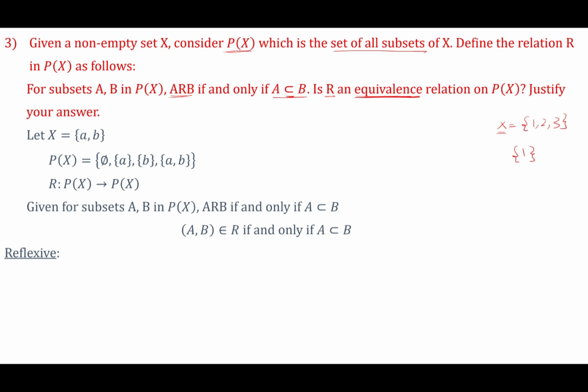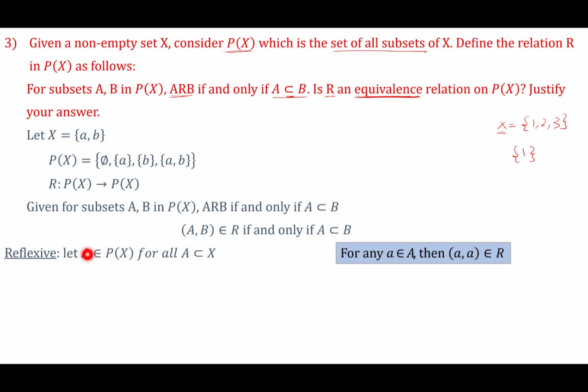What is reflexive relation? Reflexive relation defines for any A belongs to P of X, we have to show that A comma A belongs to R. Let A belongs to power set. Of course, A is the subset of X. And if A belongs to P of X, which means A is the subset of A. Why I am saying? Because every set is a subset of itself. We know this one.